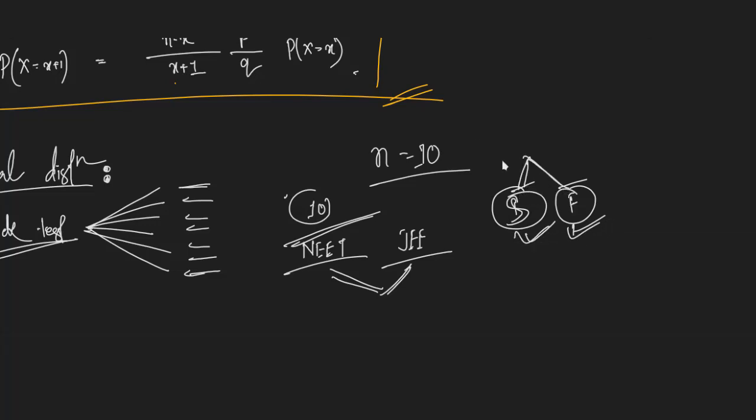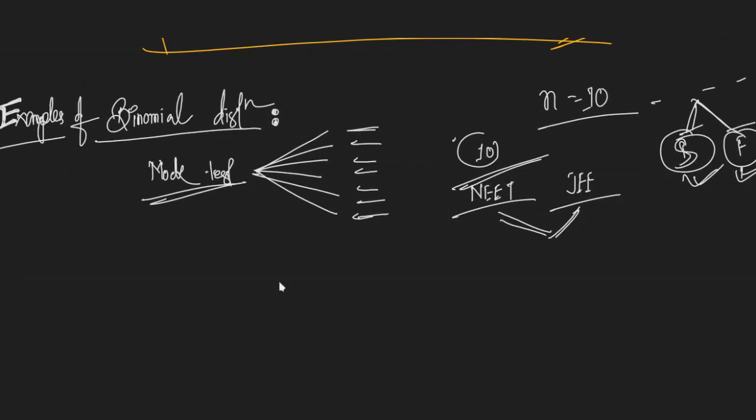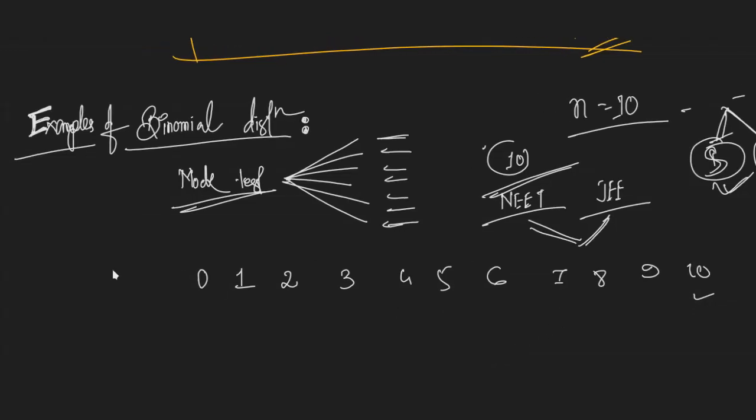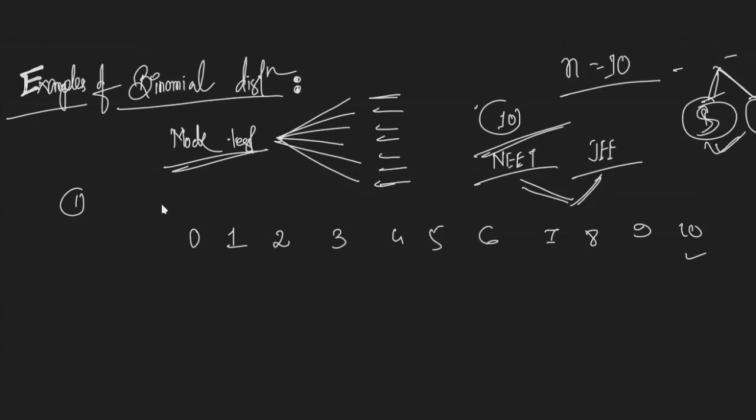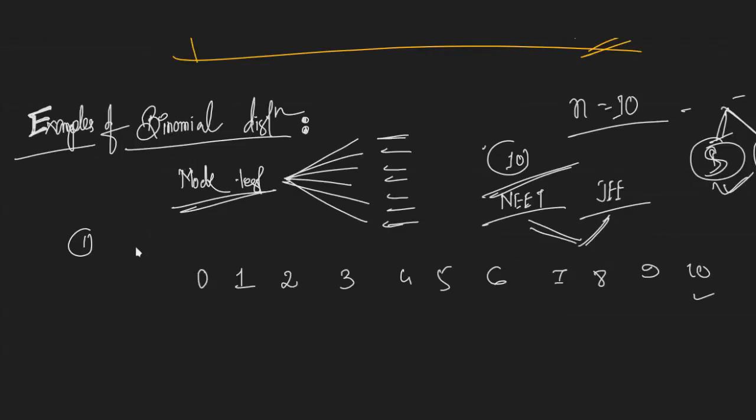There are two outcomes and it is repeated 10 times, so ultimately the situation is a binomial distribution. You may be interested in the probability of 0 successes, 1 success, 2 successes, 3, 4, 5, 6, 7, 8, 9 and 10 successes. That is one example.